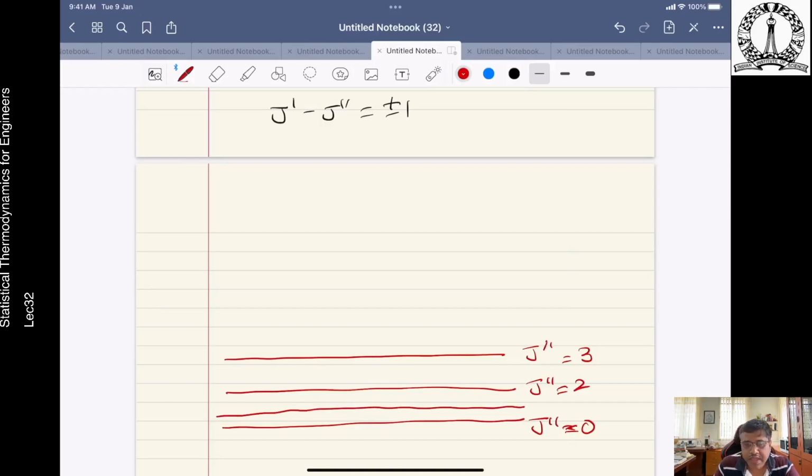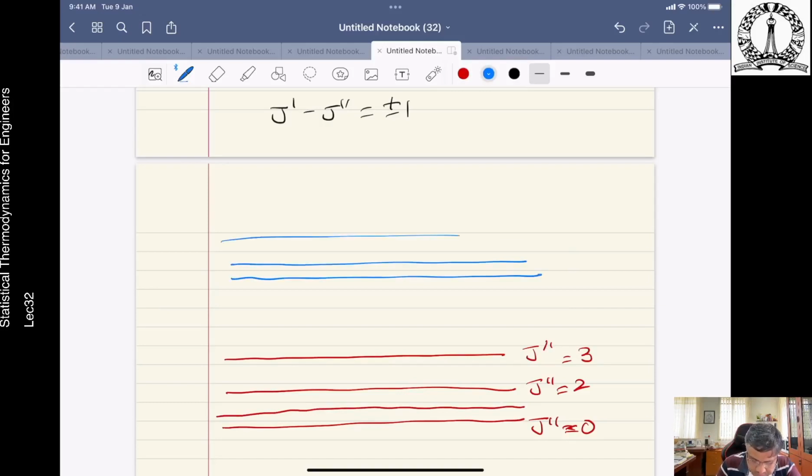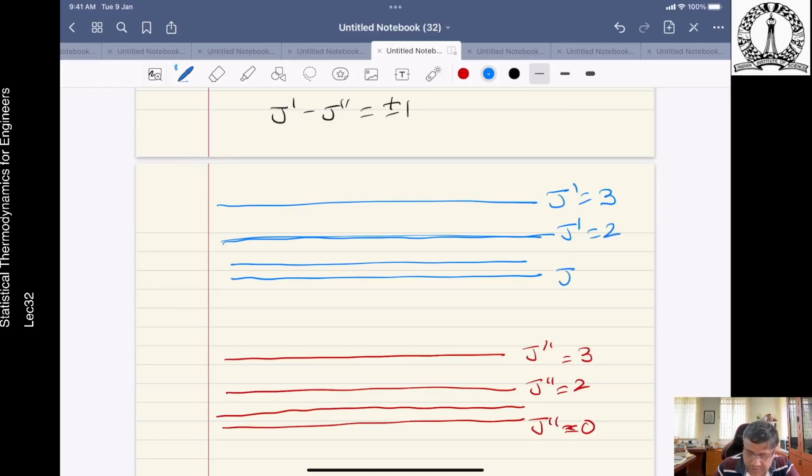And then J prime equal to 3, J prime equal to 2, J prime equal to 0, and this is V1.